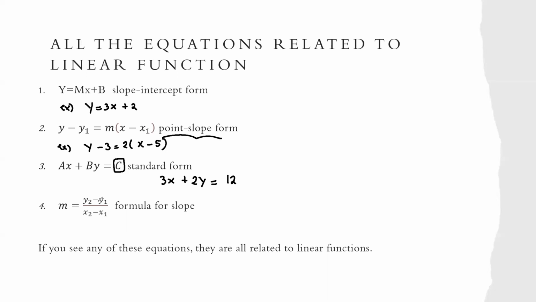That's going to be very helpful when they give you 2 points, 2 coordinates, and want you to find the slope. If you see any of these equations, they're all related to a linear function. So go ahead and pause to write down all the formulas, because they will come up again later in the lesson.